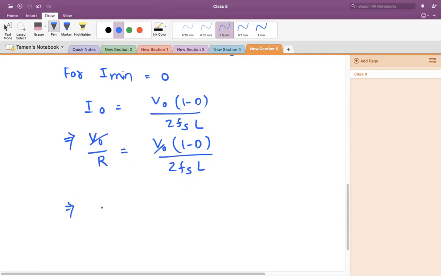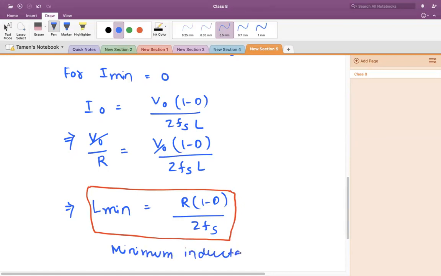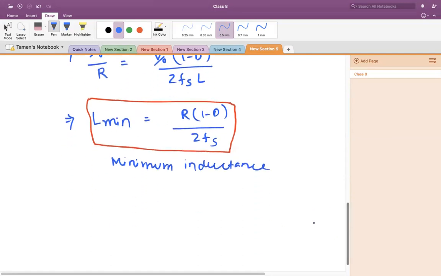Now this L is basically the L minimum, which is equal to R of 1 minus D by 2 of Fs. This is the minimum inductance value for CCM.